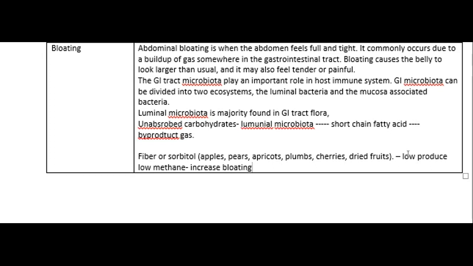Sorry, they are the high producers, not the low producers. Okay.